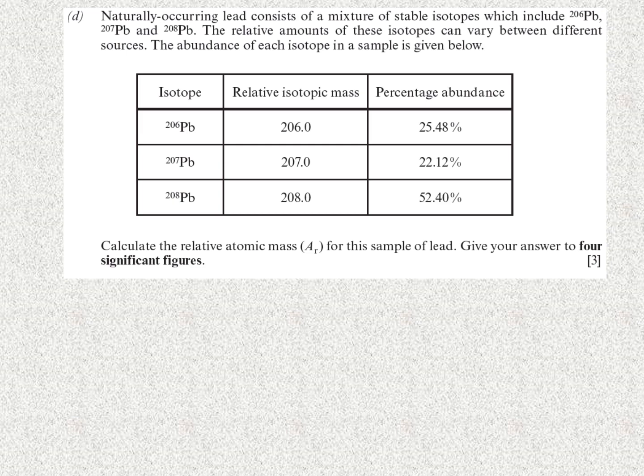So hopefully you've had a go at that. The first thing you do is take the first isotope, which is 206, and you times it by 25.48. I put these in brackets in my calculator just to avoid a calculator error.